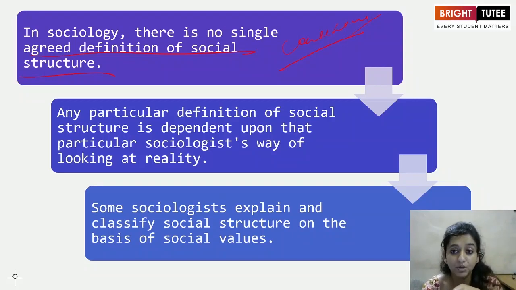However, any particular definition of the social structure is dependent upon the particular sociologist's way of looking at the reality. How I look at the reality as a sociologist: is my focus on the process, or on the end result, or on the systems being involved, or on the larger unit or the complete unit?